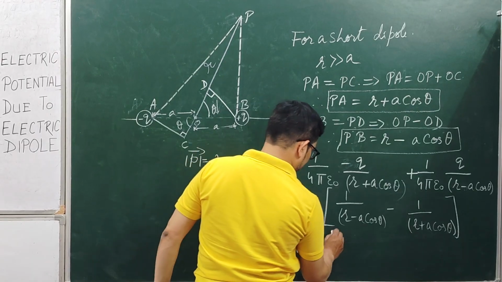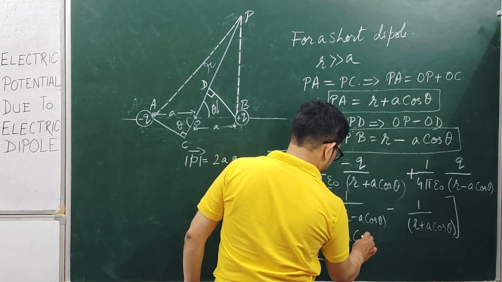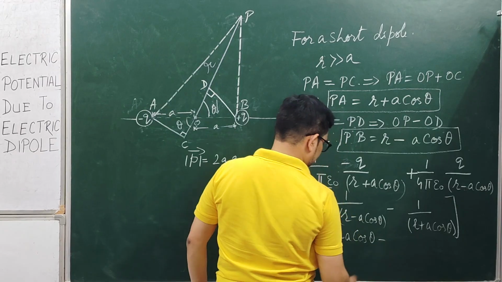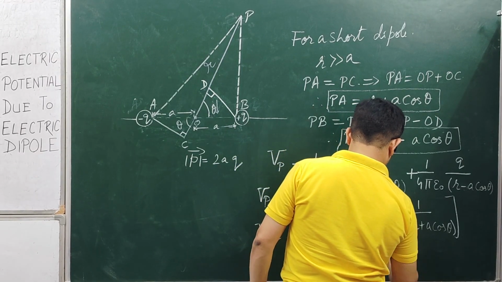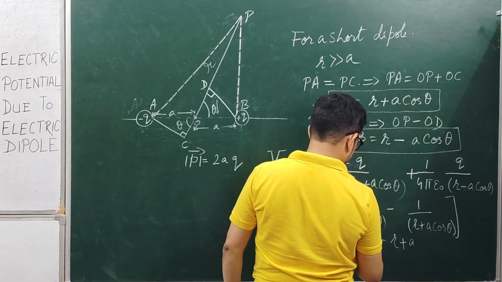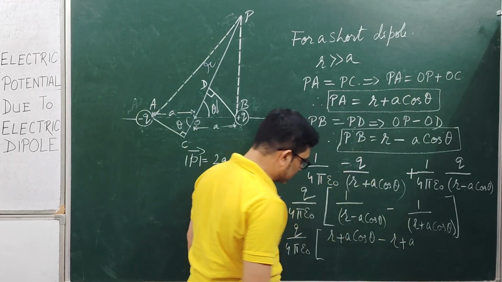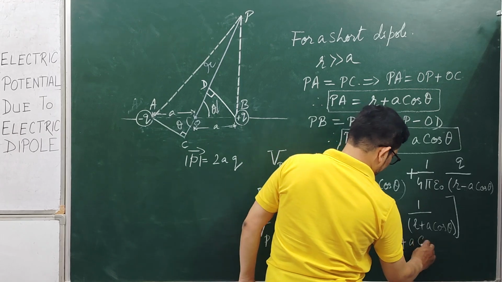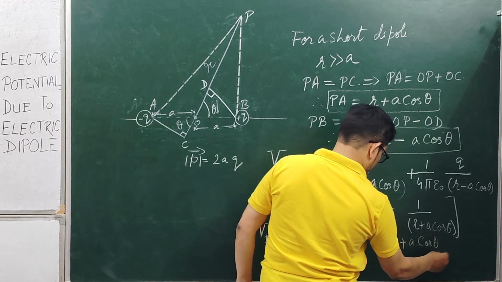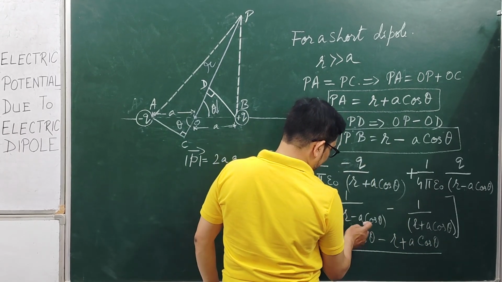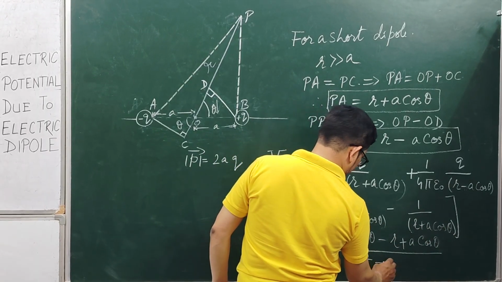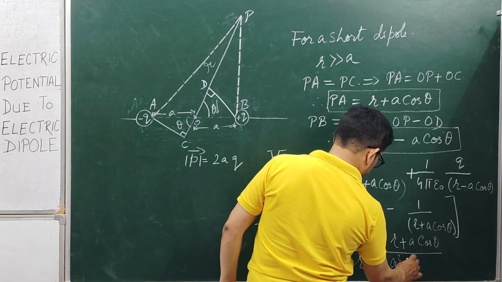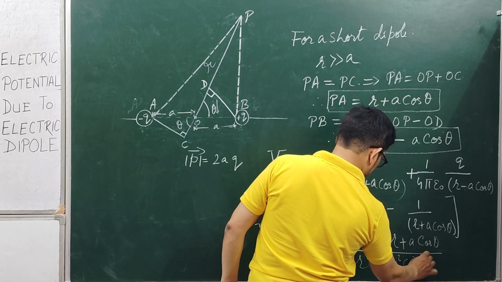So this comes out to be R plus A cos theta minus R plus A. So if you put it here, it will be minus R, and minus and minus would become plus. So it becomes A cos theta over (R minus A)(R plus A), which could be written as R square minus A square cos square theta.